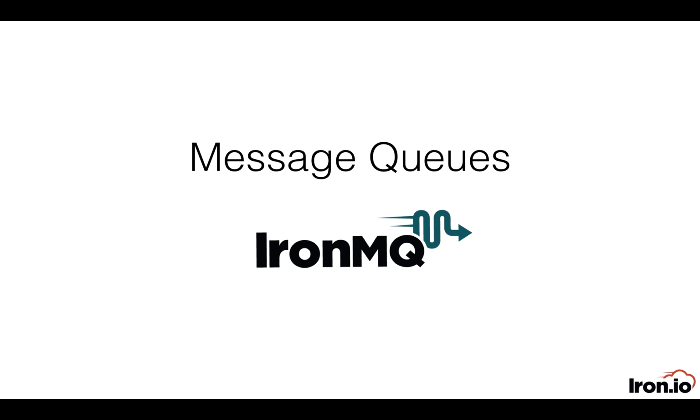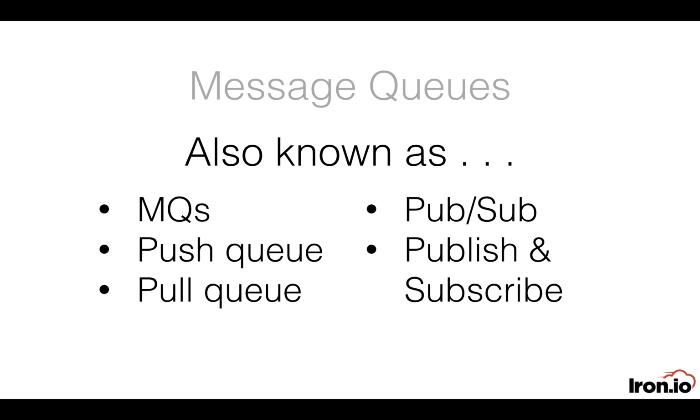So message queues. As I mentioned, IronMQ is a solution we offer, but there are many message queues. There are also a lot of names for message queues. You may hear them called MQs, push queues, pull queues. This depends on how you retrieve a message from the queue. Pub sub, or publish and subscribe model, is another way of talking about message queues.